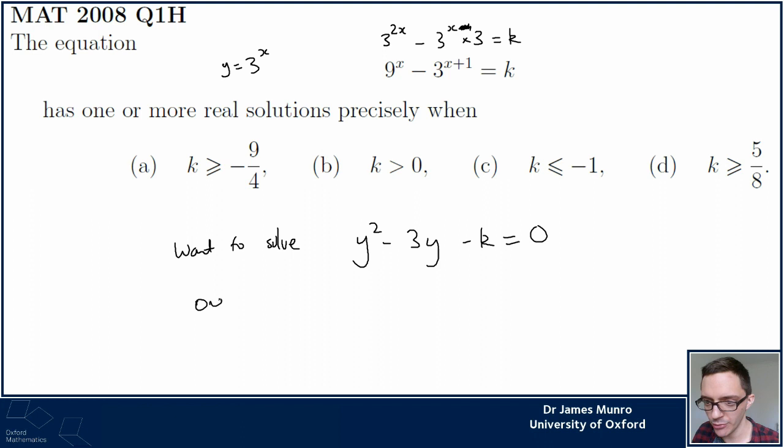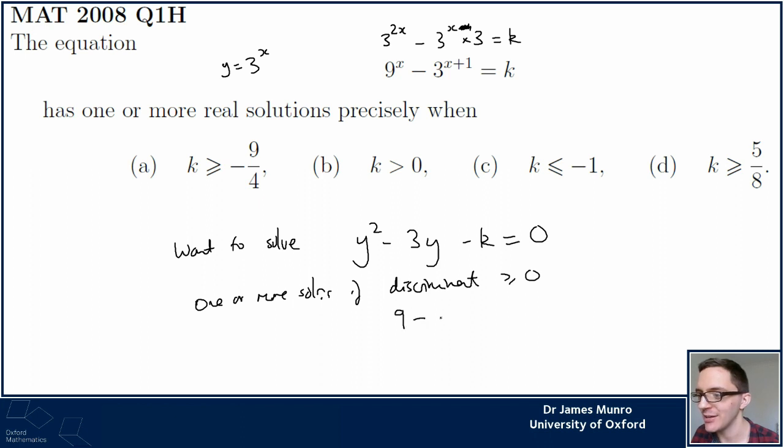So I want one or more solutions if the discriminant is, let's get this right, bigger than or equal to 0. That will be b squared minus 4ac is bigger than or equal to 0. So I would like k to be bigger than or equal to minus 9 over 4.